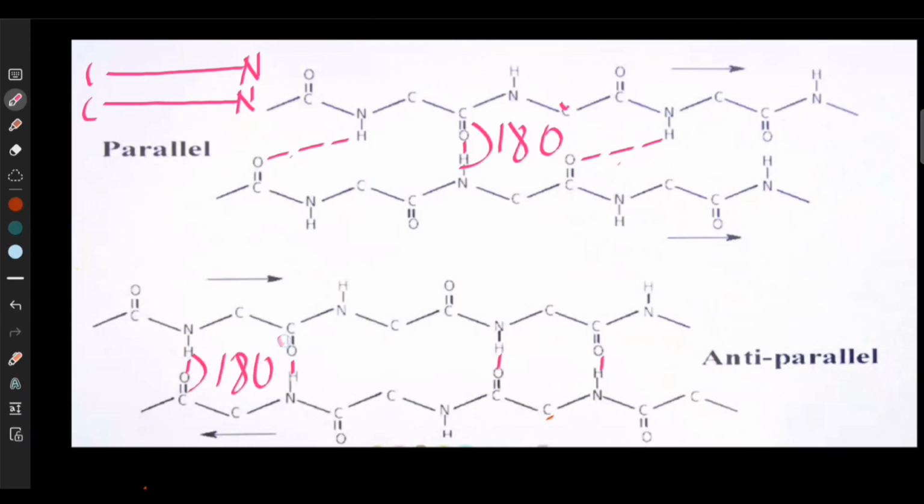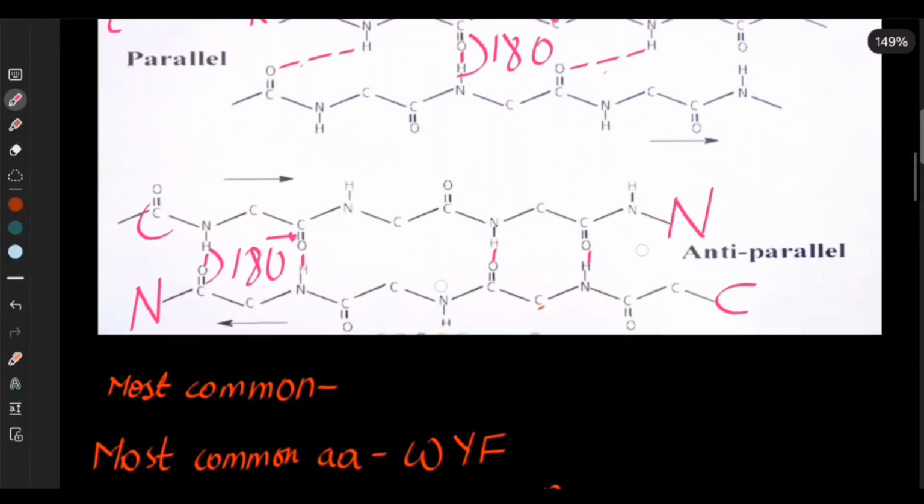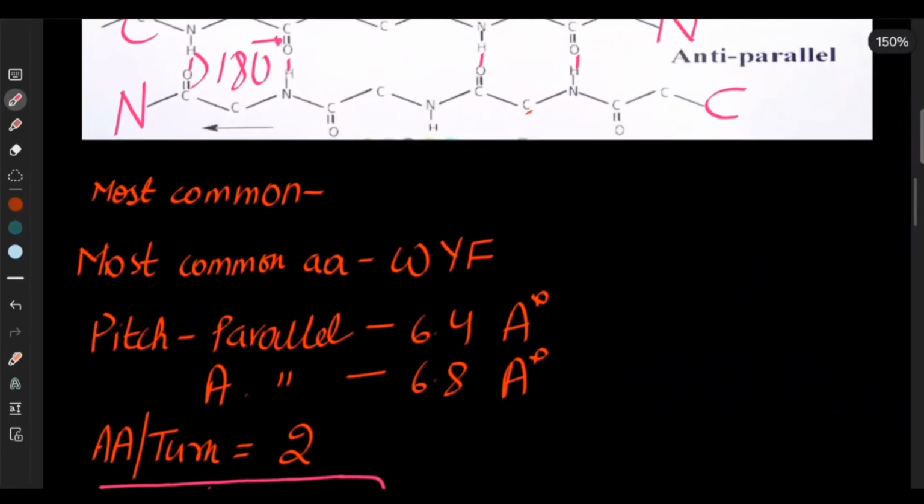So the reason antiparallel is most common in nature is because it is most stable. Therefore, every beta sheet that will be formed will usually be antiparallel in nature. So this is the C end, and this should be the N end, and this should be the C end. I hope you're clear about the parallel and the antiparallel sheet.